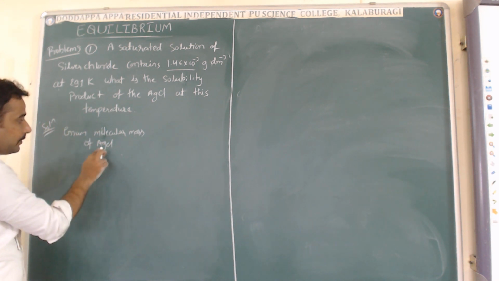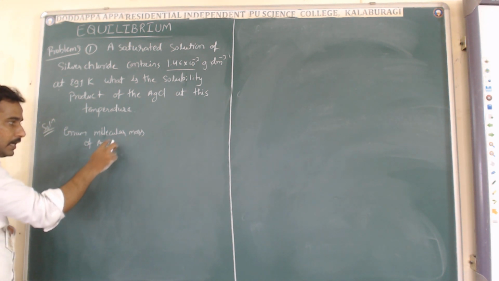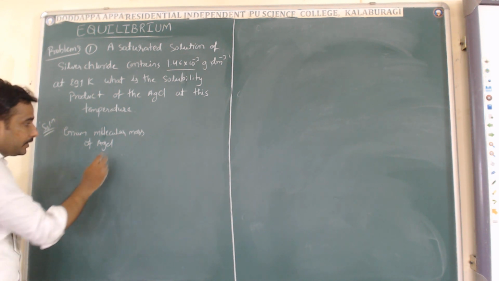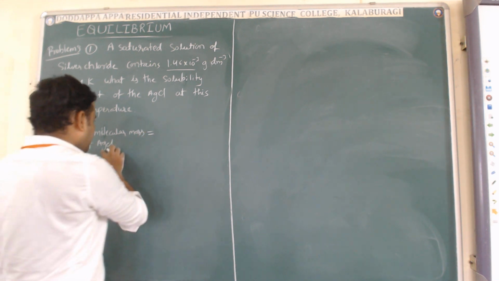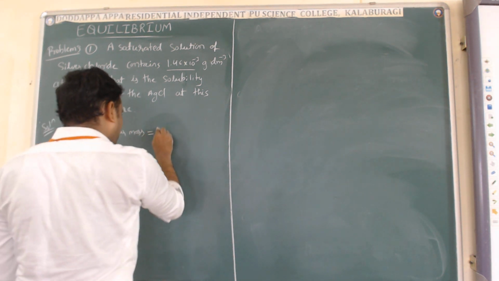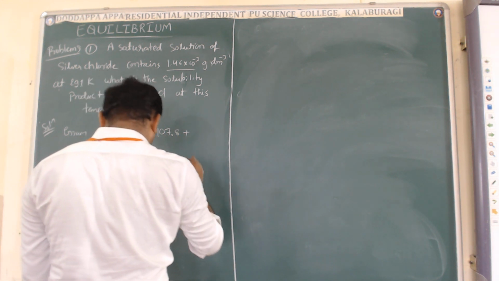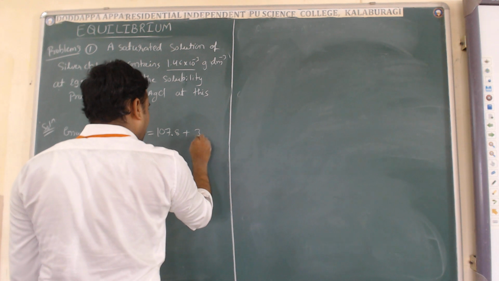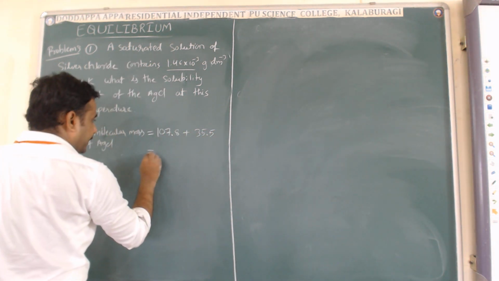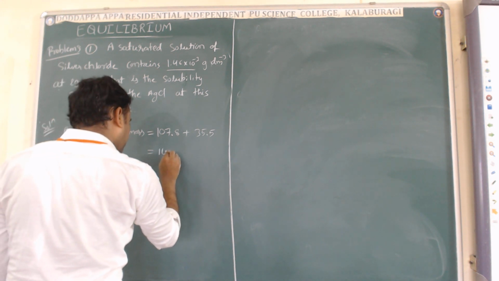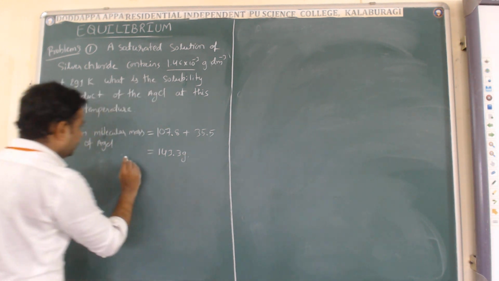You write the atomic weight of silver and the atomic weight of chlorine and add them. The atomic mass of Ag is 107.8 and Cl is 35.5. When you add these, you get 143.3 gram. We get the gram molecular mass.